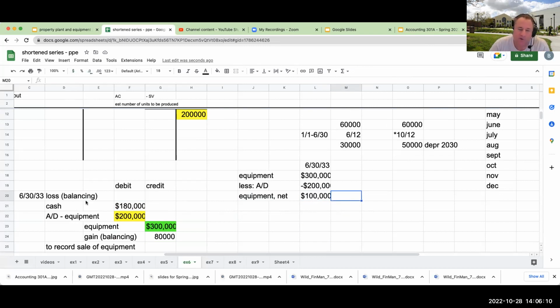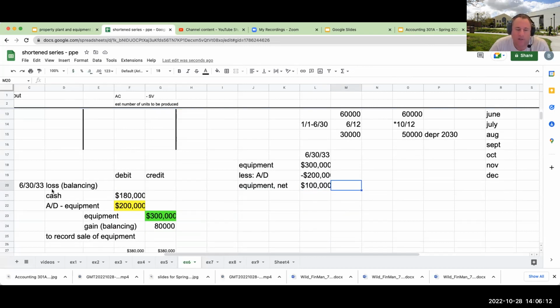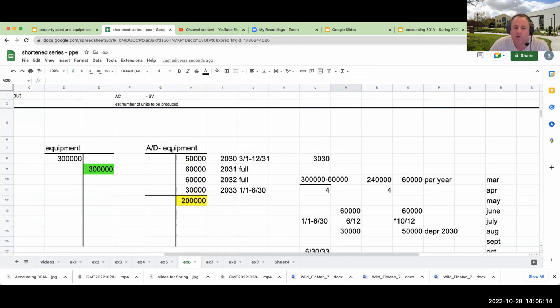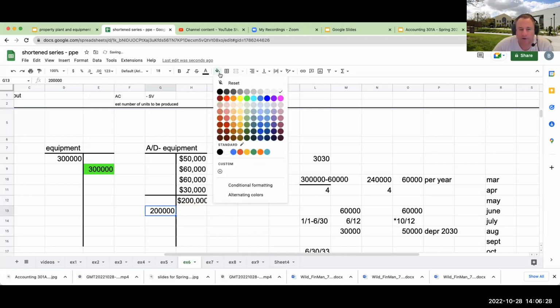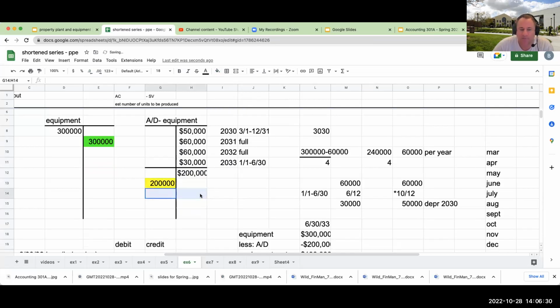So over here, again, if you start with the journal entry, you'll be in great shape. Just remember, the hardest part about these types of questions is the accumulated depreciation, which was 200,000. Remember, I'm debiting this because I have to make these accounts go to zero once I sell the asset.